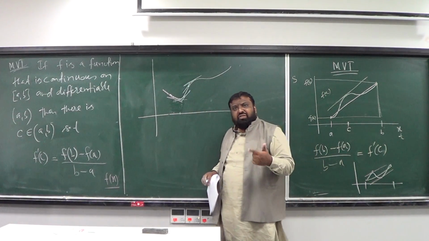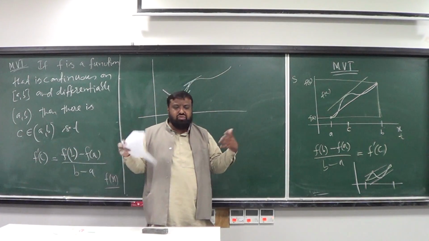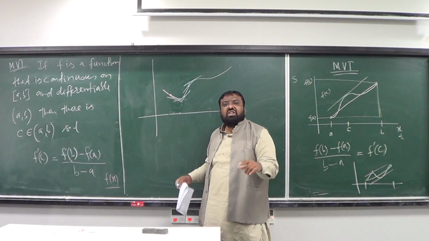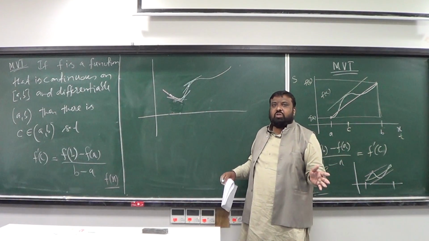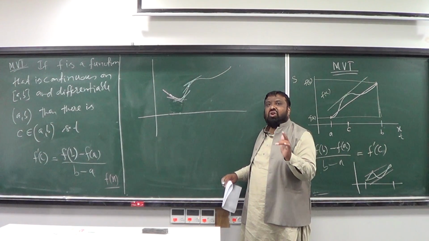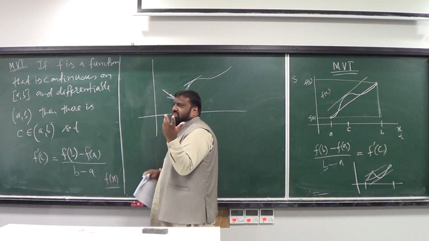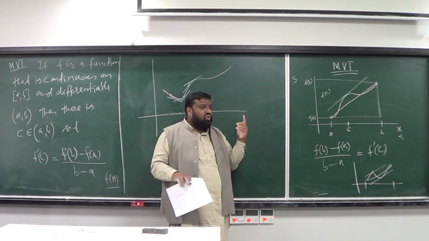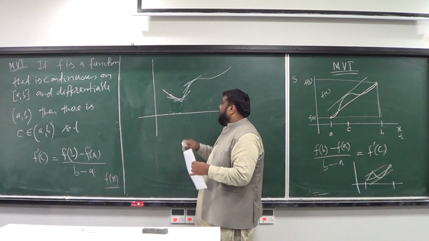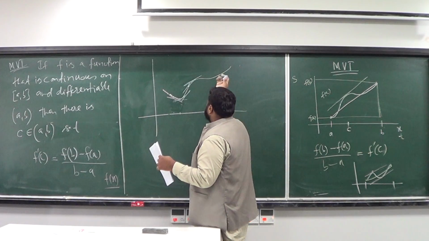So this gives a hint that if you have a function whose graph you don't know and you want to know at what points the function is increasing and at what points it is decreasing, you have to look for three things. First, look at the points which are the critical points. Say, for example, this is a critical point, this is a critical point, and so on and so forth.